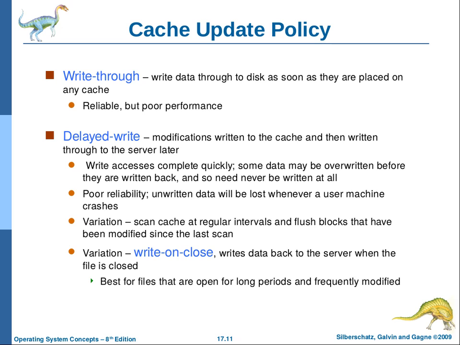It has very poor reliability, because if your machine crashes and this cache was in main memory, it's now gone. Variations: scan the cache at regular intervals, and then write on close, meaning when you close the file, write everything back. Well, what happens if two people have it?